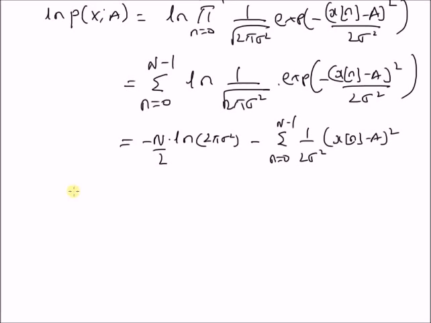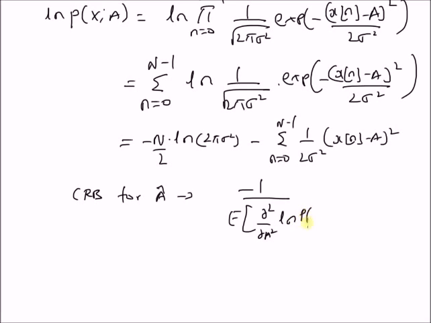The CRB for the estimator A hat is given by minus 1 by the expectation of the second derivative with respect to A of the log likelihood function.